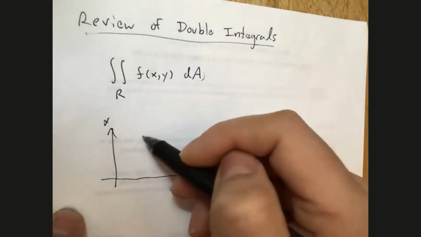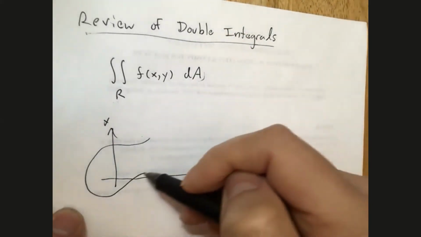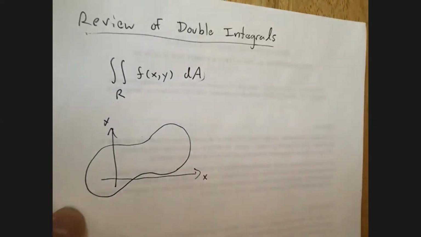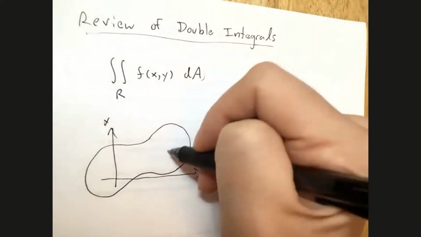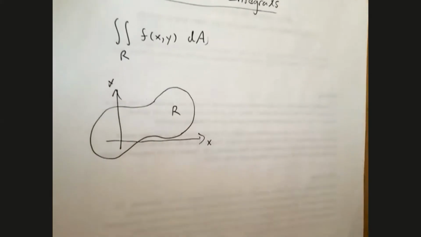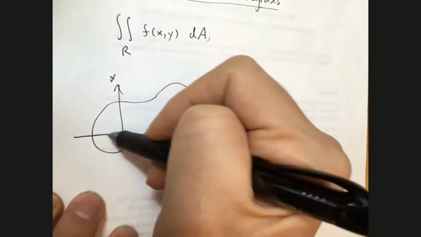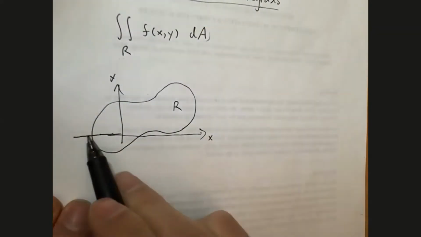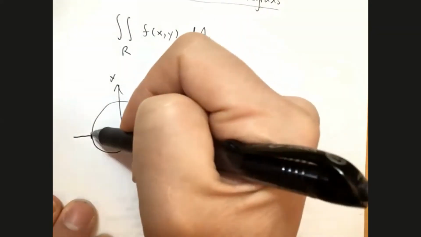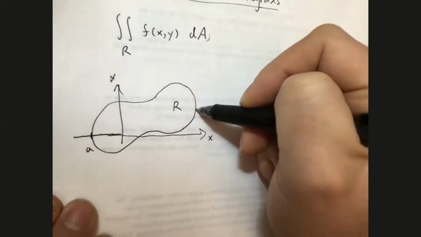Your region might be shaped something like this. That's my region R. And in this particular case, I can say that the region goes between two values of x, so it goes from maybe x equals a to x equals b.